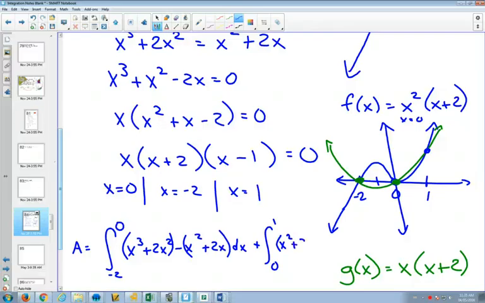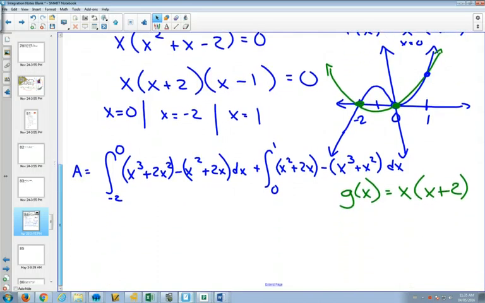And here we'll have x squared plus 2x. That's your green graph on top. Subtract x cubed plus x squared. Is it the second one 2x squared? Thank you. That would have messed up all of our math for a little while.